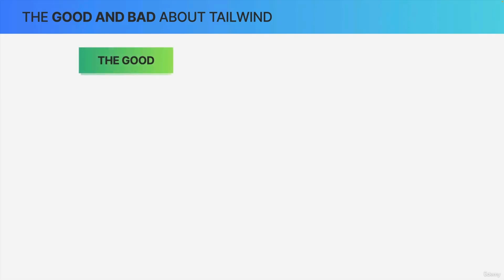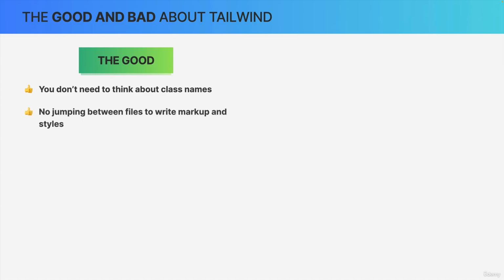So one of the main advantages of using Tailwind is that you don't have to worry about naming classes ever again, which means that you can focus on writing your styles instead of coming up with class names. Another huge benefit of Tailwind is the fact that you don't have to jump between files all the time, so as you write markup and styles.